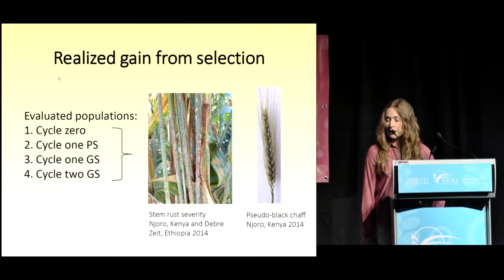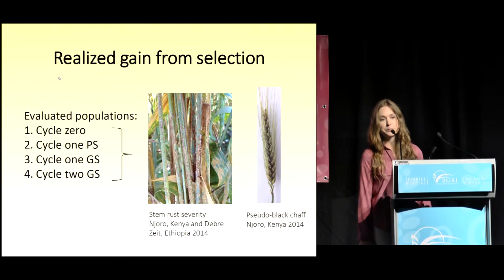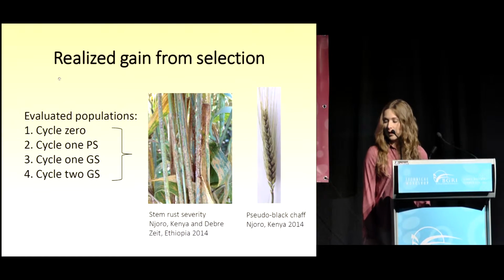They were all evaluated in Joro, Kenya, and Debre Zeit, Ethiopia, in the off-season of 2014. We also looked at pseudo-black chaff in the populations, which was evaluated in Joro in the same environment, in the 2014 off-season.